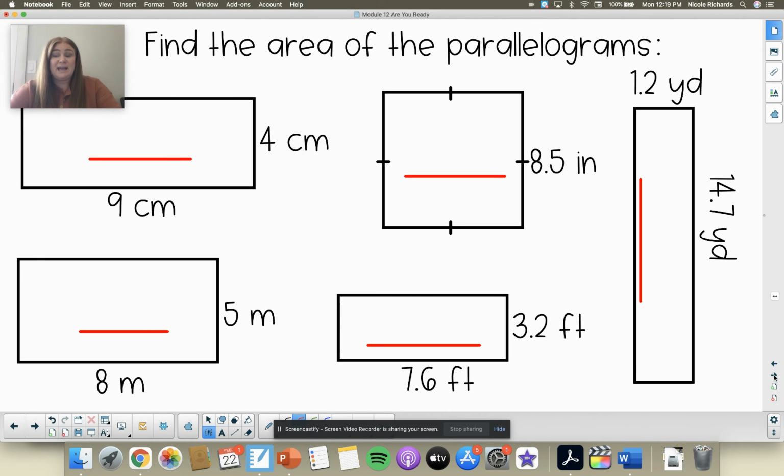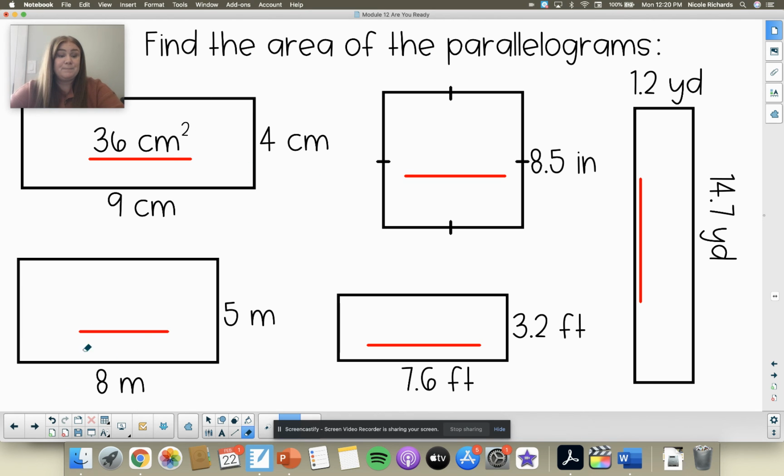So let's go ahead and try each of these problems here. First we're going to do 9 times 4, so length times width. 9 times 4 is 36, and then it's centimeters. And we did area, so 36 centimeters squared.